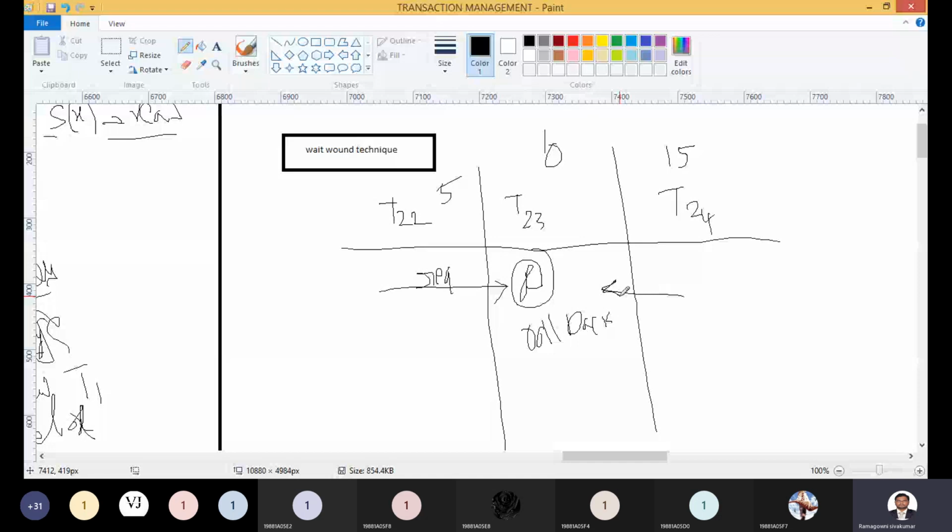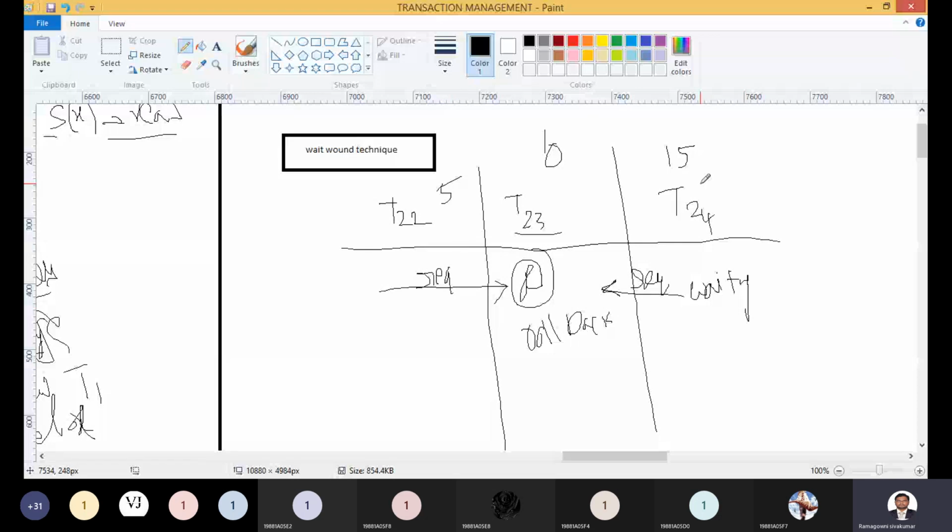I think you understand here. So we have the wound-wait technique. What is the technique here? Suppose we have the transactions T22, T23 and T24 and the timestamps are 5, 10 and 15. The younger one is T24 here and the older one is T22, right?